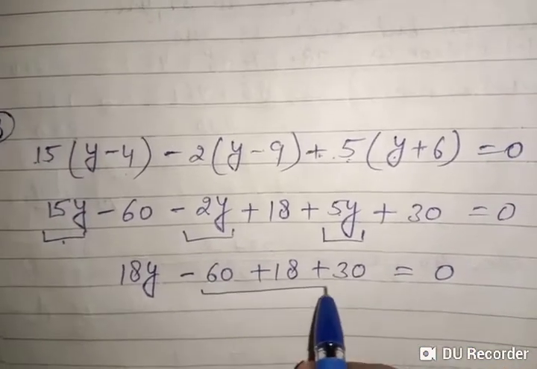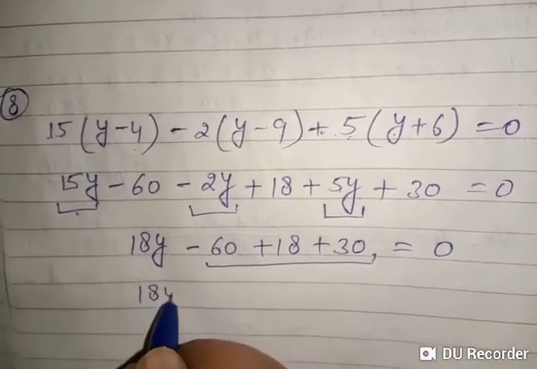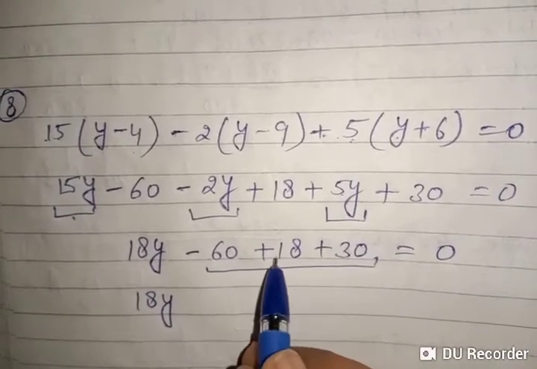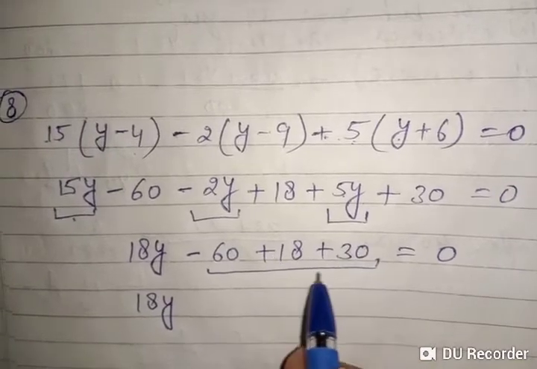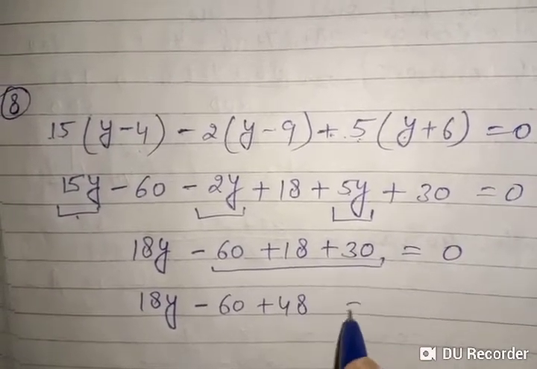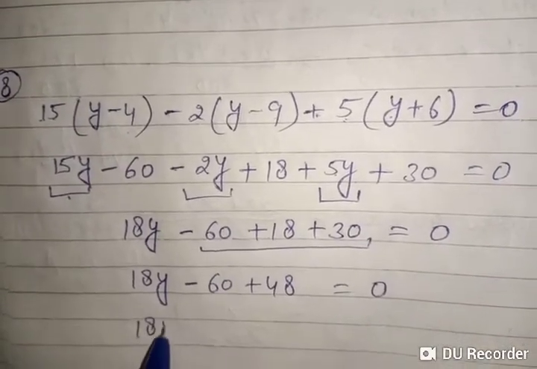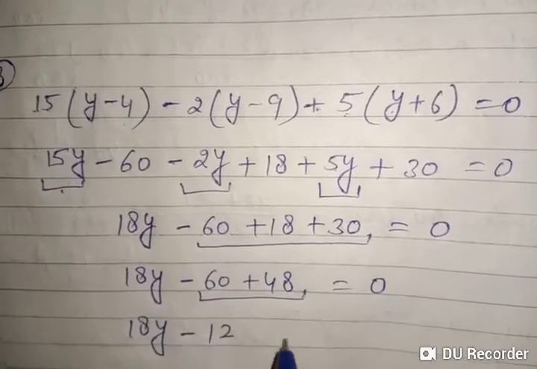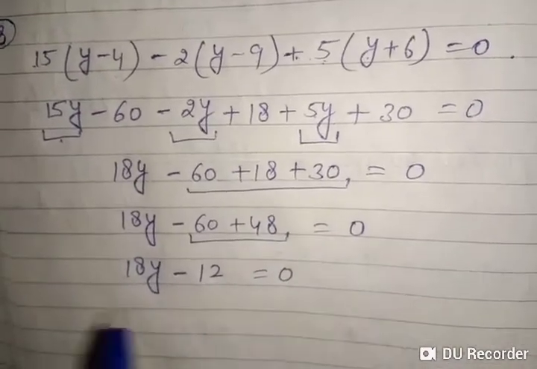So these three are also like. Now we'll shift using the concept of integers. Plus is plus, these two will be added, it's 48. So 18y minus 60 plus 48 is equal to 0, and as all of you know, integers give minus 12.